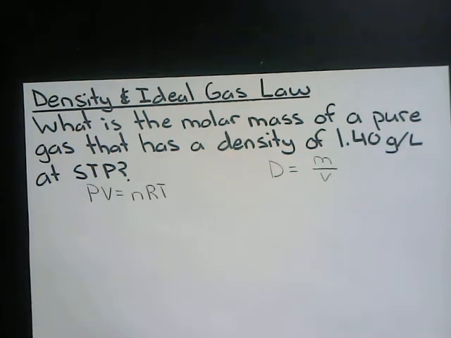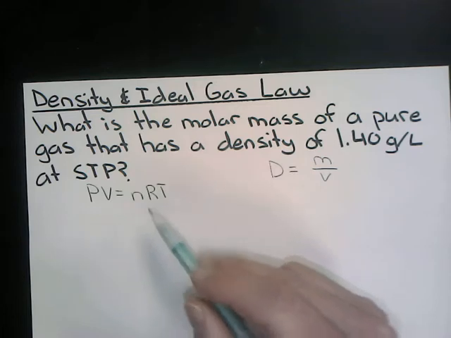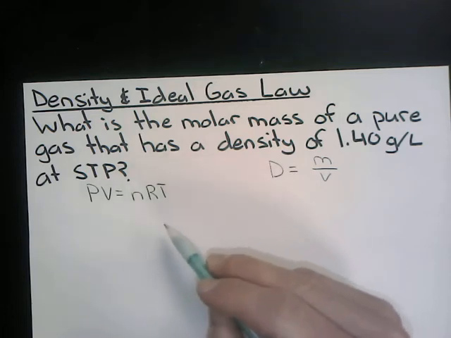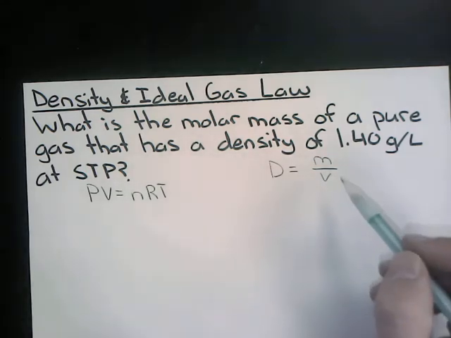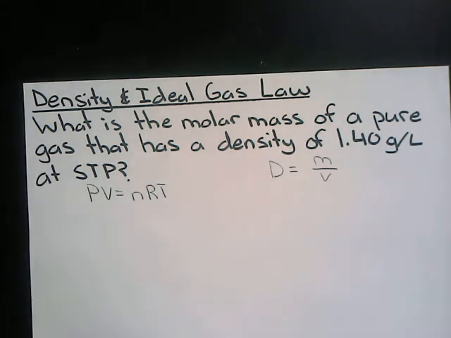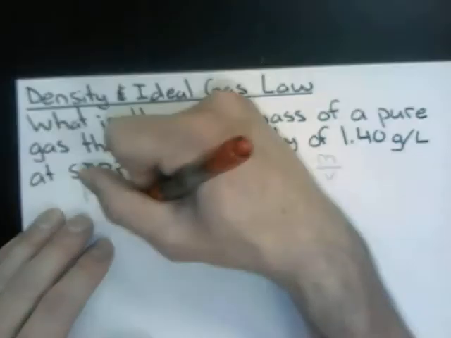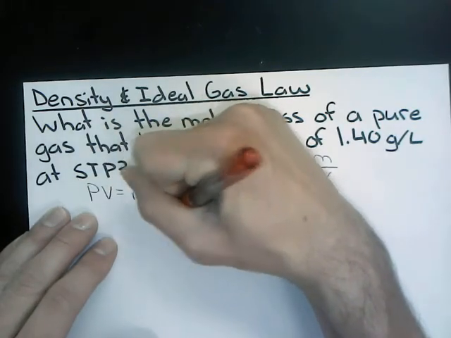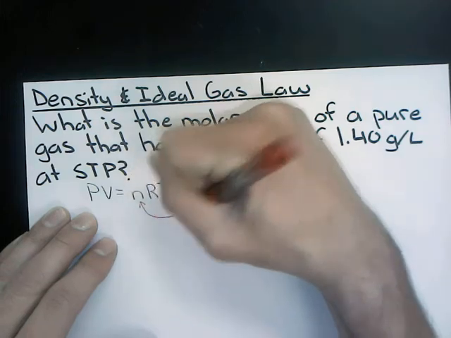All right, so I'm going to do a couple of things. I'm going to multiply each of these areas by our mass divided by volume. And I'm also going to substitute in for the actual unit of moles. So I'm going to put this down here. N is equal to moles.